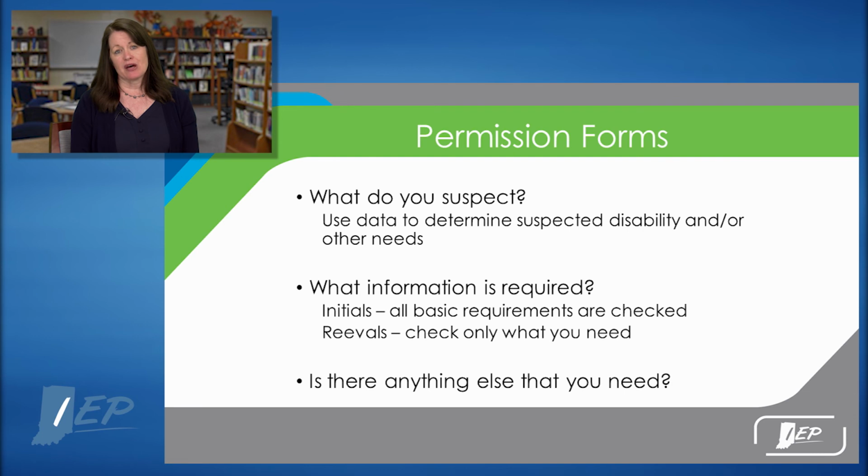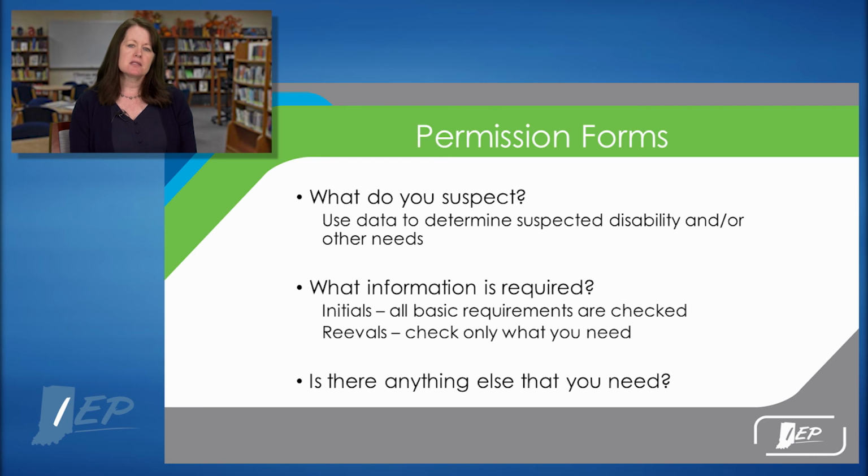Then we have to think about, okay, if we're looking at a particular disability area, what is required as well as what else do we need. And again, that falls back to what questions we need to have answered through the evaluation process.